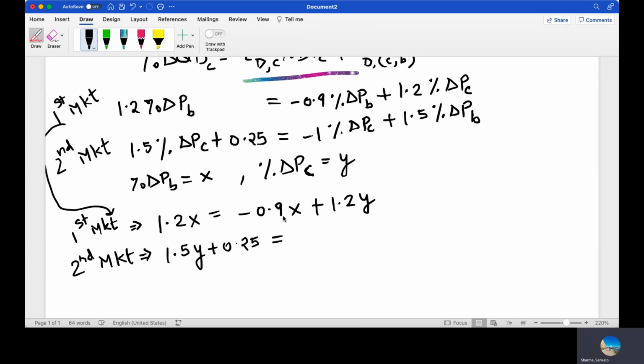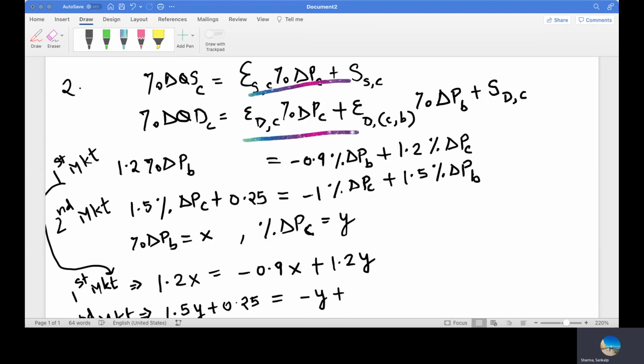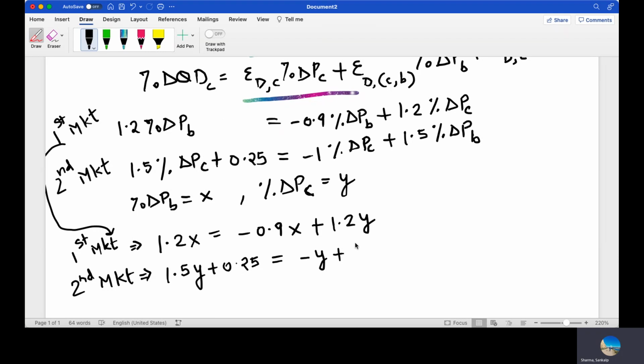And that equals negative 0.9, I beg your pardon, negative 1 times the change in price. So negative 1 times anything is just negative that thing. So it's just negative y, okay, plus 1.5. I just want to make sure that my cross price elasticities are correct just one more time in case I'm making some typos. And no, I'm not. Those elasticities are in fact correct. And then you have 1.5x.